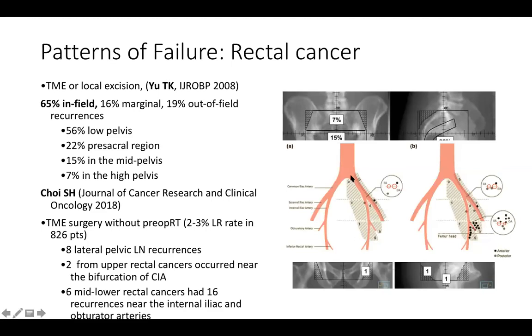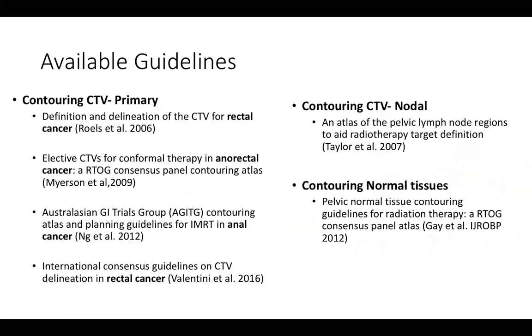They found that the major vessels were the internal iliac and the external iliac, and that the majority of the recurrences occurred near these vessels, within 7 to 10 millimeters of them. So even if they are occurring in the lower pelvis, they are occurring near the vessels. With the use of IMRT, if we can just target these areas, then we have the chance of decreasing normal tissue irradiation without compromising local recurrence control at all.